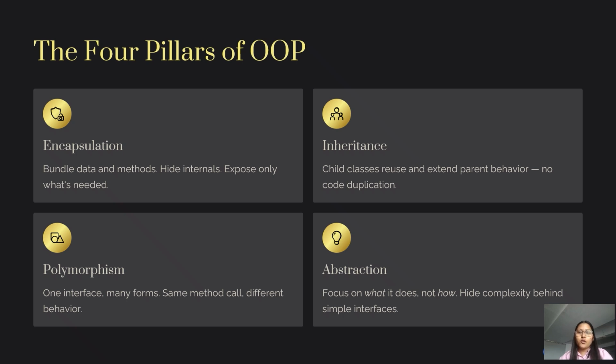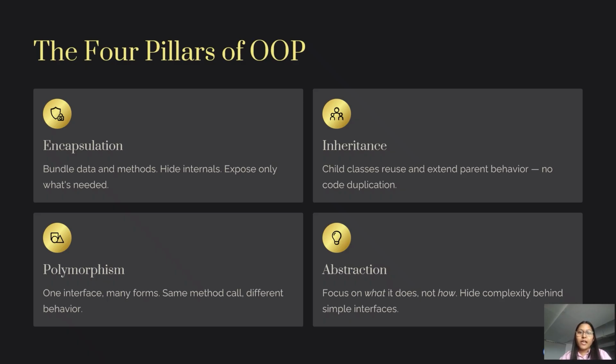Abstraction focuses on what it does, not how. Like if we can take an example of a car. In the car, we have limited controls that are visible to us, and for a driver, it's not important to know how the car is working internally. So it is basically used for hiding the complexity and for simple interfaces.